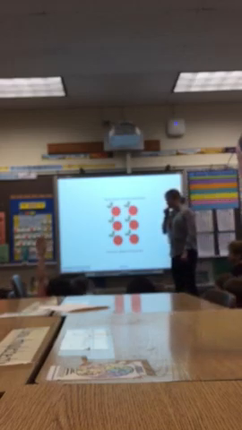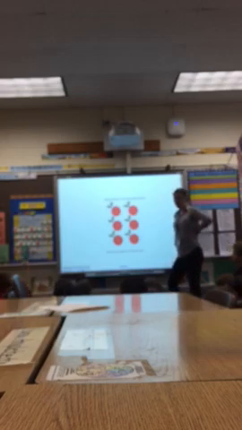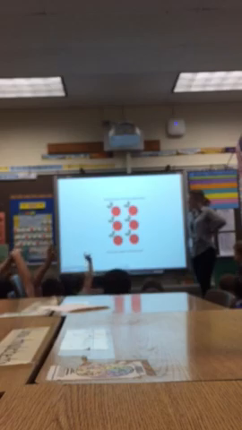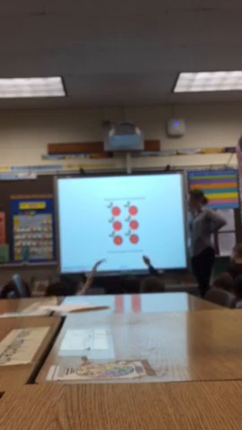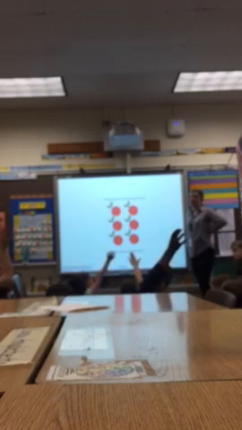Our question says Sandy will eat 1/3 of the apples below. How many apples will Sandy eat? How many are there in total up here? Anna? 6. There's 6 total. How many will Sandy eat if she eats 1/3 of them?